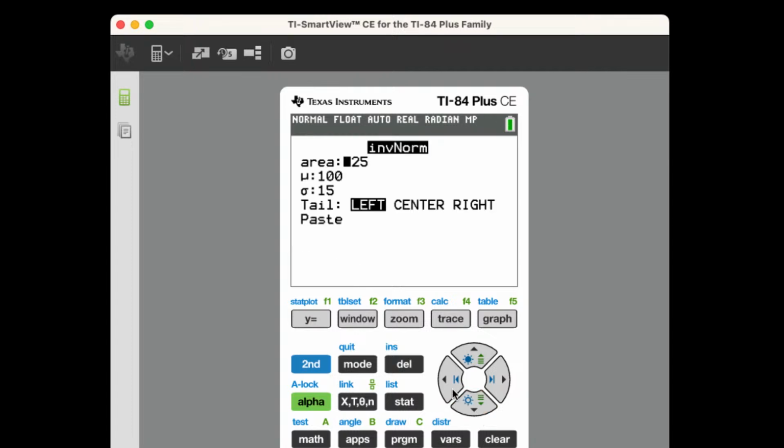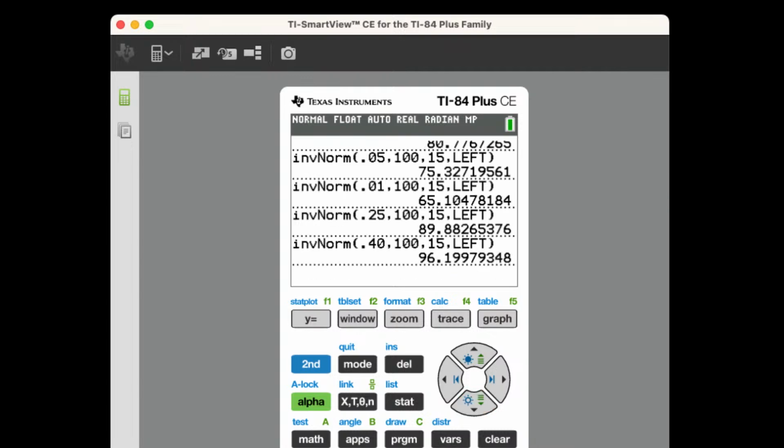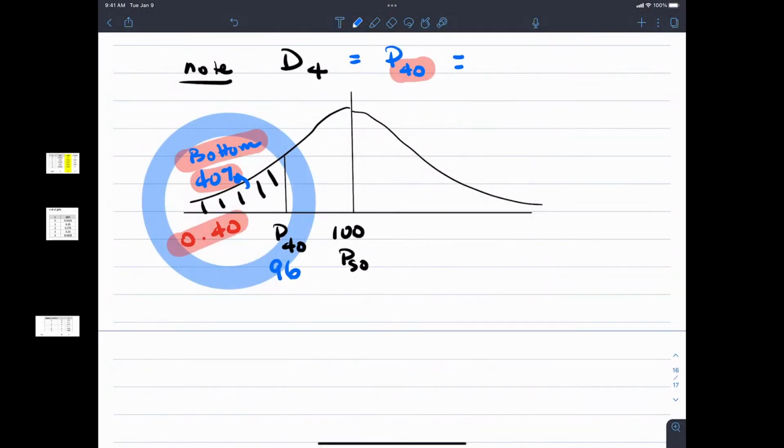Inverse norm. Okay, 40% is 0.4, right? And then is it still a left tail? Good, because it's a bottom. So what IQ score is that? 96. Yeah, that's exactly what that is. P40 is the IQ score of 96.